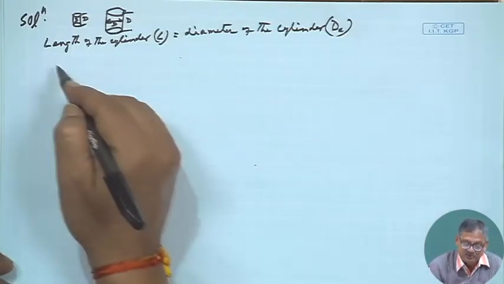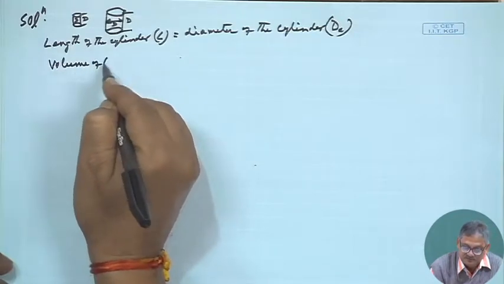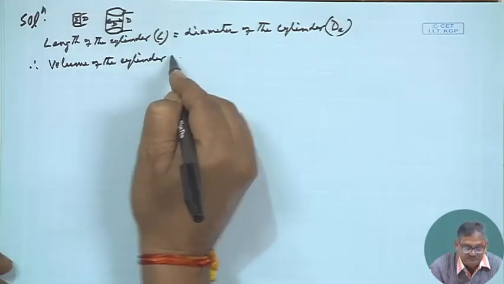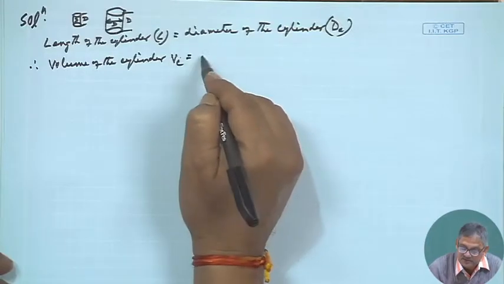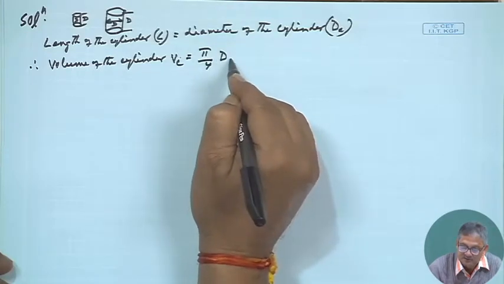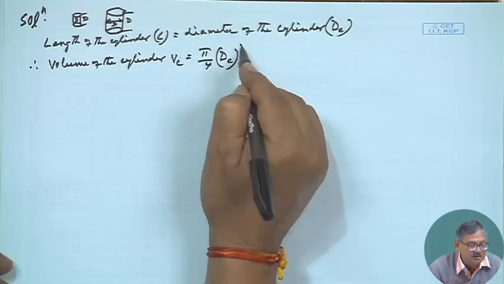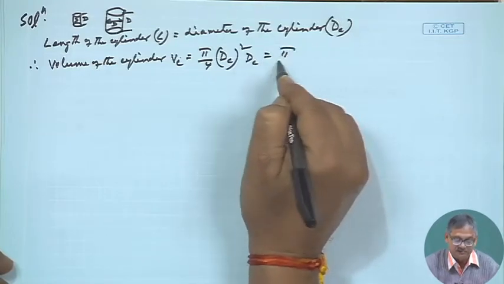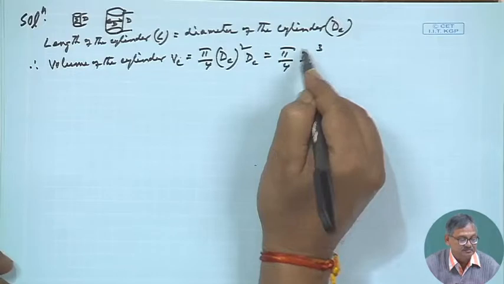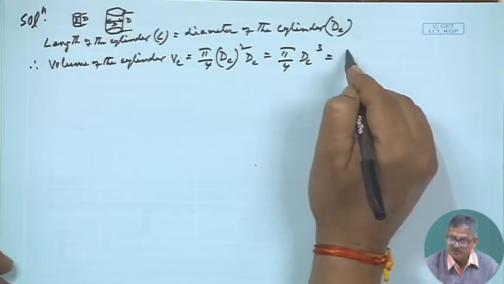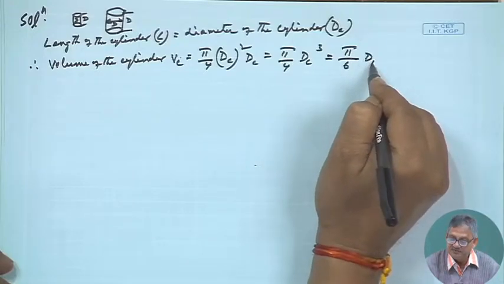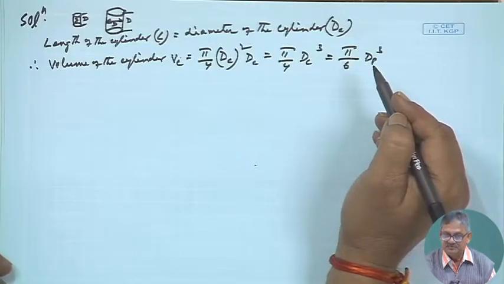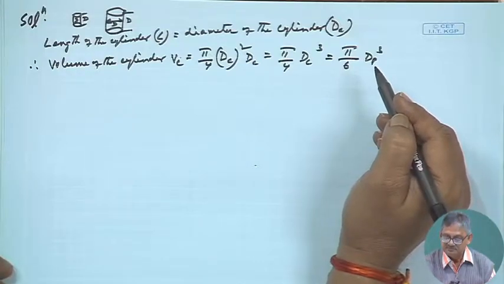Therefore, the volume of the cylinder, V cylinder, should be equal to pi by 4 into D of cylinder square into D of cylinder, which is the height. That means pi by 4 dc cube. So, this should be equal to pi by 6 dp cube, that is the actual volume of the sphere having particle diameter dp.